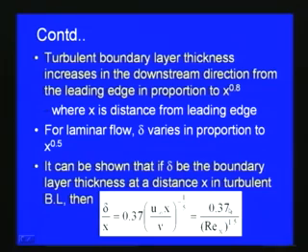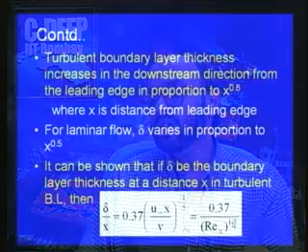So this is equal to 0.37 divided by Rex to the power 1 by 5, where Rex is the Reynolds number at location x. So delta by x, that is the boundary layer thickness relative to x, the distance from the leading edge, is equal to 0.37 divided by Rex to the power 1 by 5.